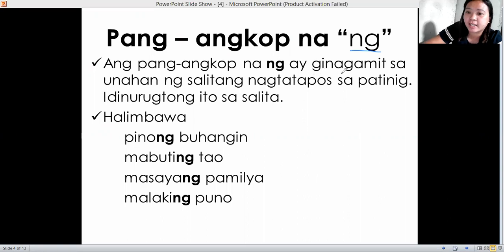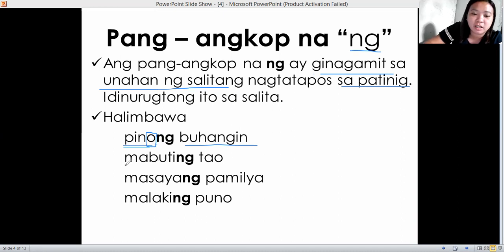Pang-angkop na NG ay ginagamit sa unahan ng salitang nagtatapos sa patinig. So we are going to put NG if the first word, Pino, ends with a vowel. The letter O, Pino, blank, buhangin. So, we are going to put NG because the first word ends with, correct, a vowel.